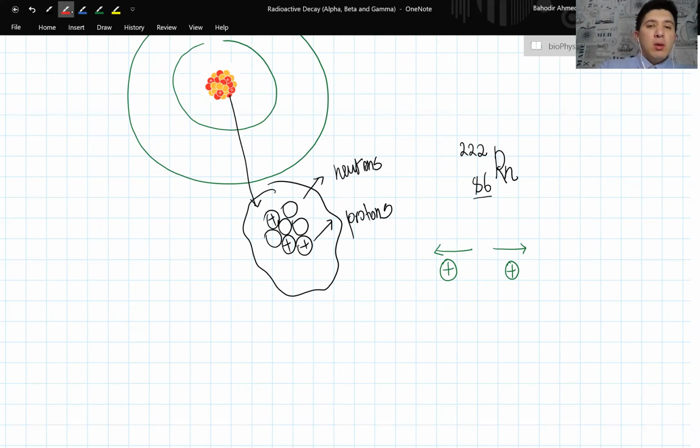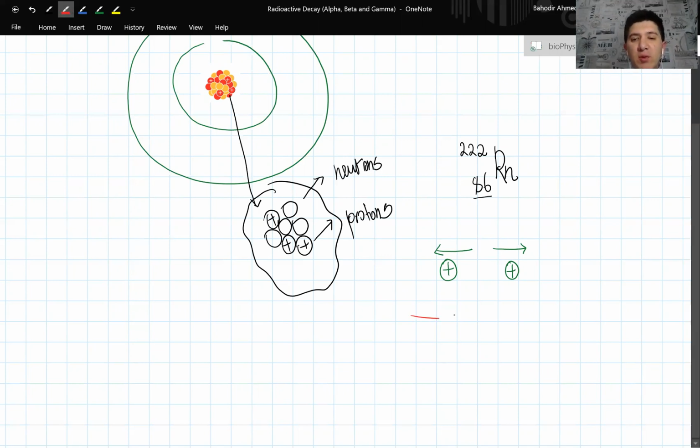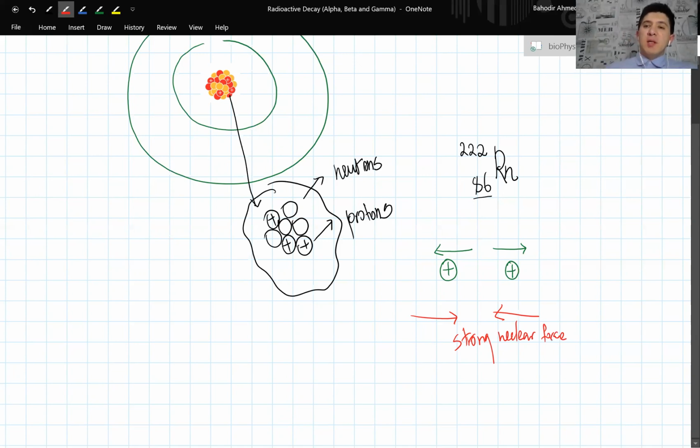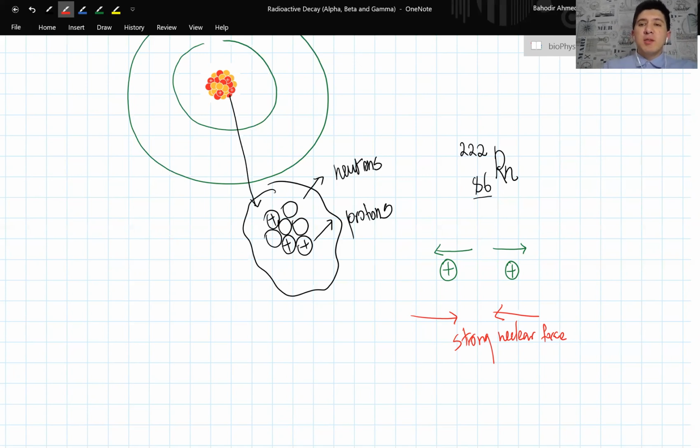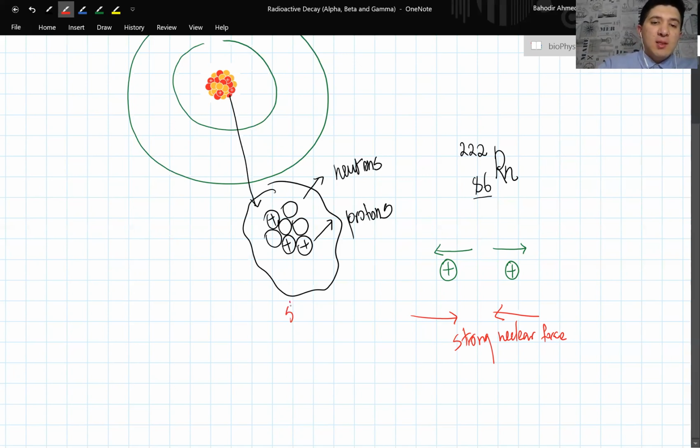There is a so-called mysterious force, which is called the strong nuclear force, which keeps this balance and helps those particles to keep together. This nuclear force is 100 times stronger than the electromagnetic force. So it helps the particles to keep together inside this nucleus to create a stable nucleus.